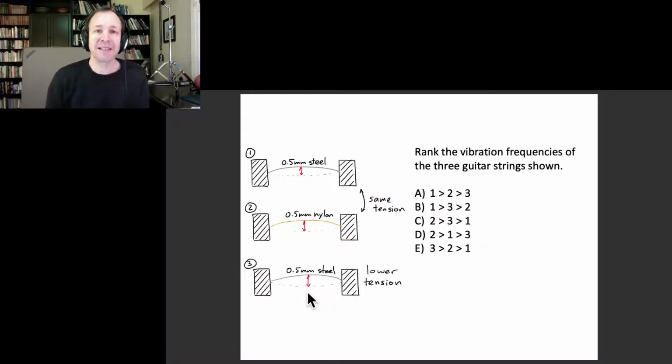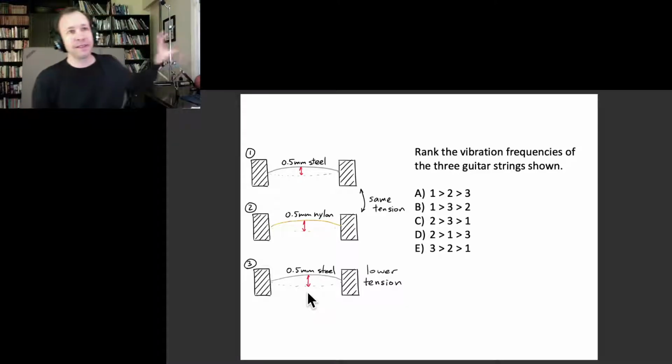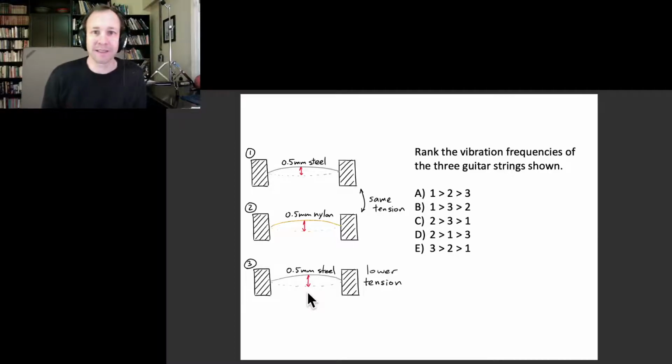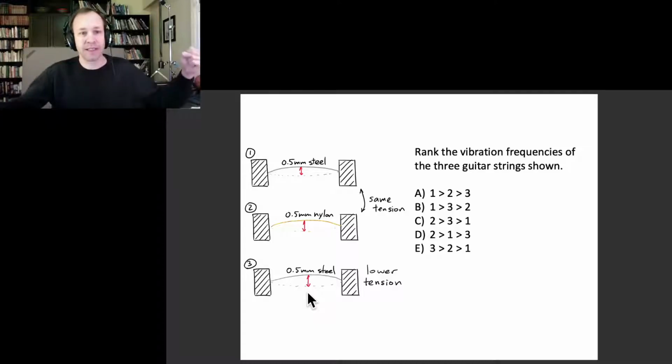And so I mentioned last time that this mass on a spring is actually a good model for a lot of oscillators that we have in musical instruments. And so I wanted you to just try to apply the intuition that we've just understood to this example where it's talking about a few different guitar strings stretched between the same length, and also the guitar strings are all the same thickness.